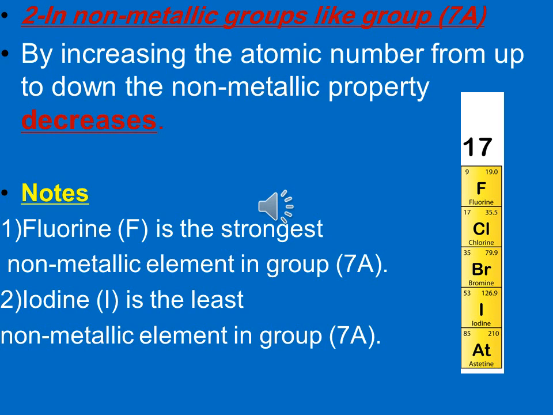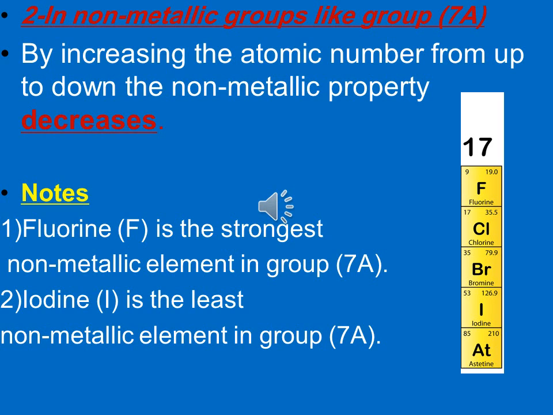Because the atomic size is increasing, so electrons are far away from the nucleus, so the attraction force is decreasing. As the attraction force decreases, it's easy to lose, not to gain. So gaining here is difficult, because there is no attraction force. Electrons are running away from the nucleus. So the non-metallic property decreases because the attraction force decreases, so it can't gain electrons.